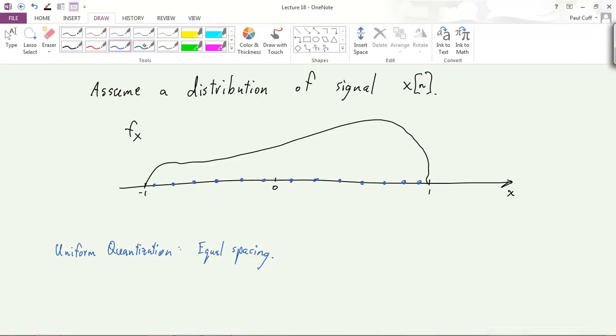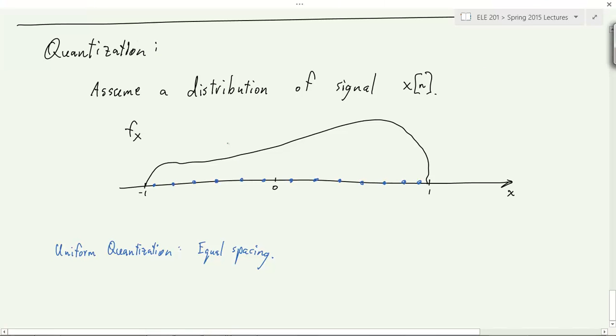Basically, if the signal value is measured between here, it's going to be quantized to that blue dot, okay? And the error then will be, say this is the actual signal value. It gets quantized to there, and that's the error in this quantization process.